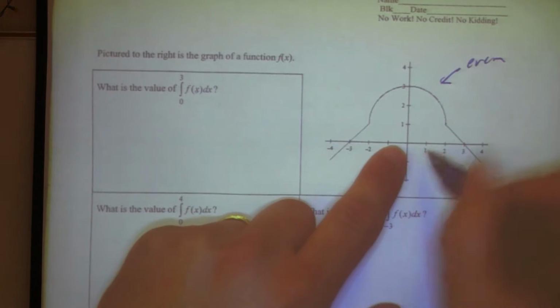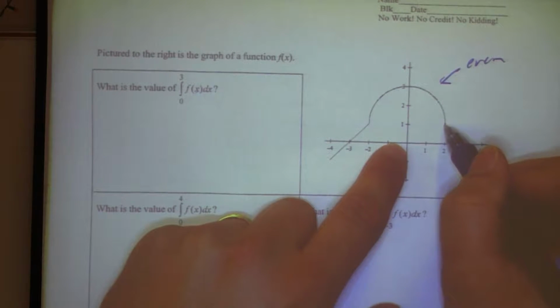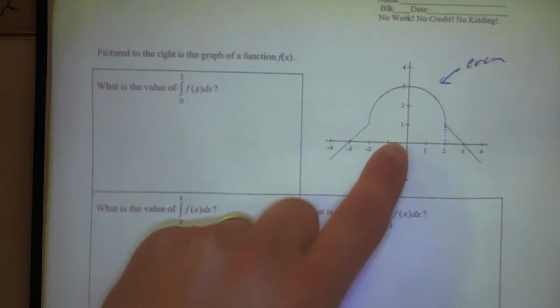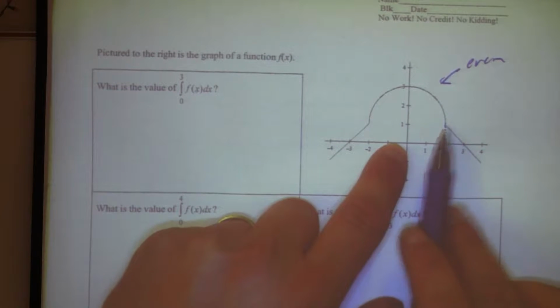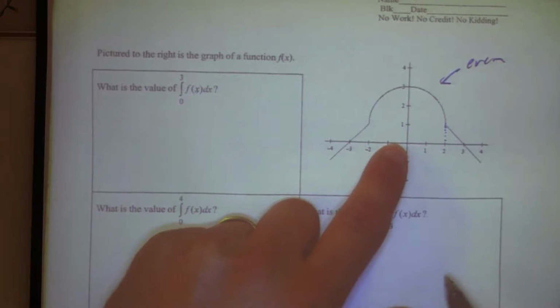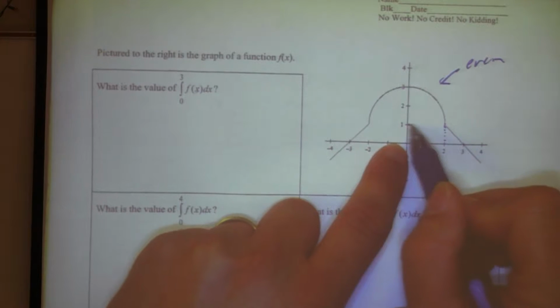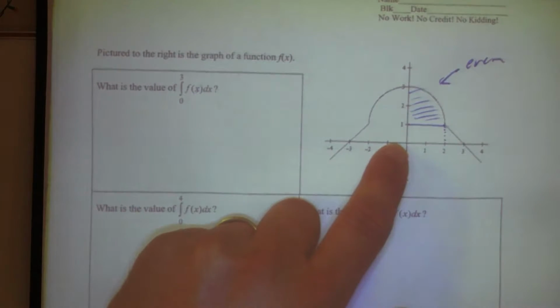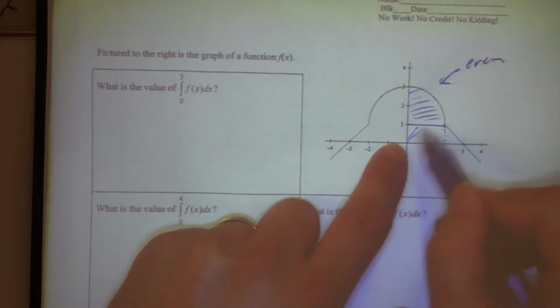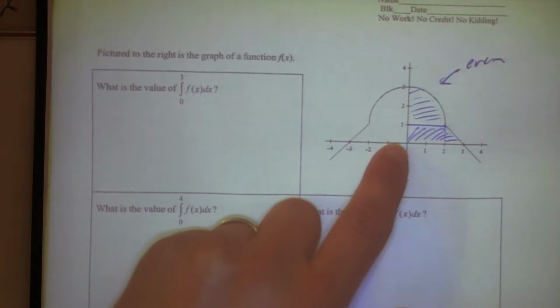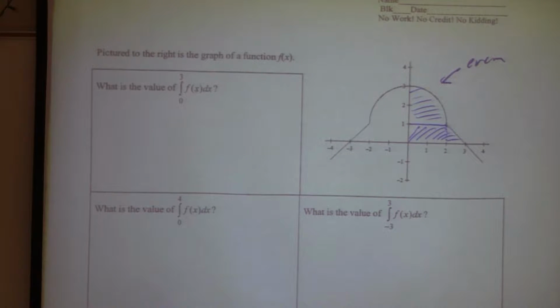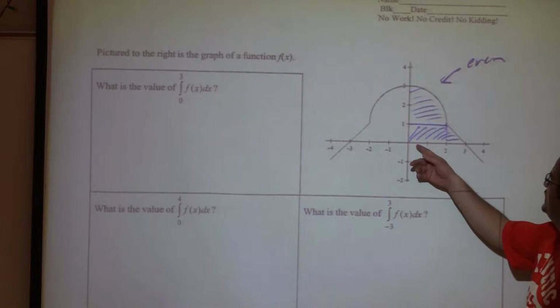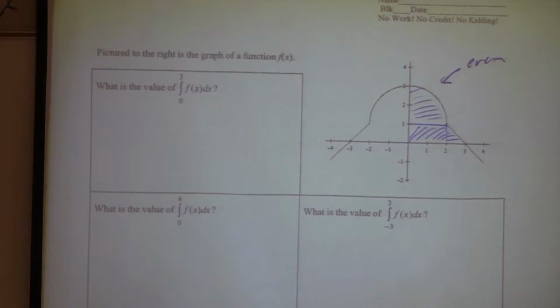So let's maybe go from 0 to 2, because we said it wouldn't be differentiable, right? So we're going to calculate that space. And if I look at it, it kind of looks like how much of a circle? 1/4 of it, right? And then this space down here looks like a what? Could be a rectangle and a triangle, or it could just be a trapezoid, right? Whatever works for you, I don't care, as long as you calculate the bounded space.